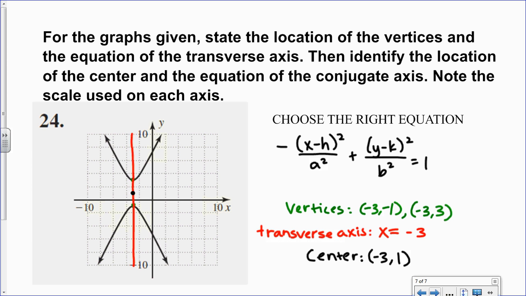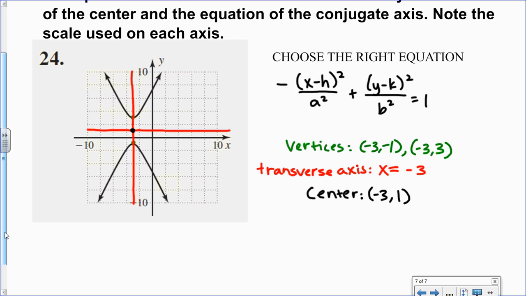So then my conjugate axis is y equals 1. Remember, the x and y coordinates of your center are how you can find your transverse and conjugate axes.